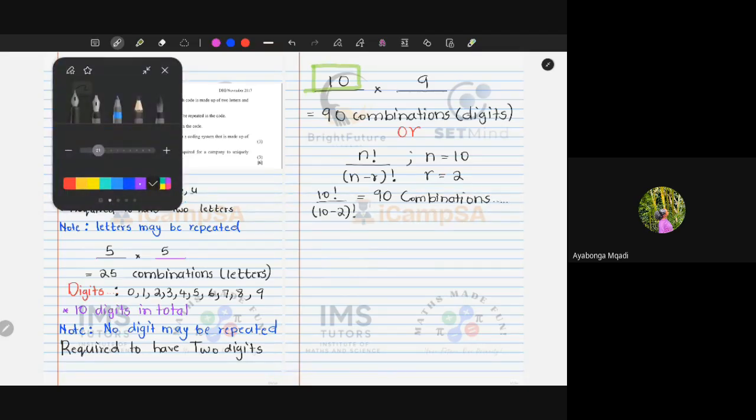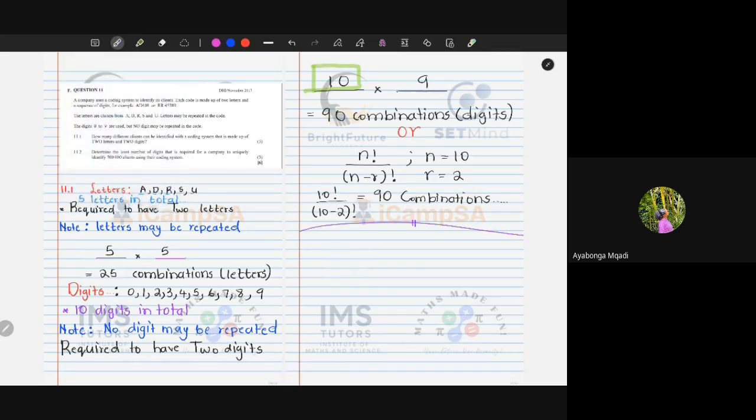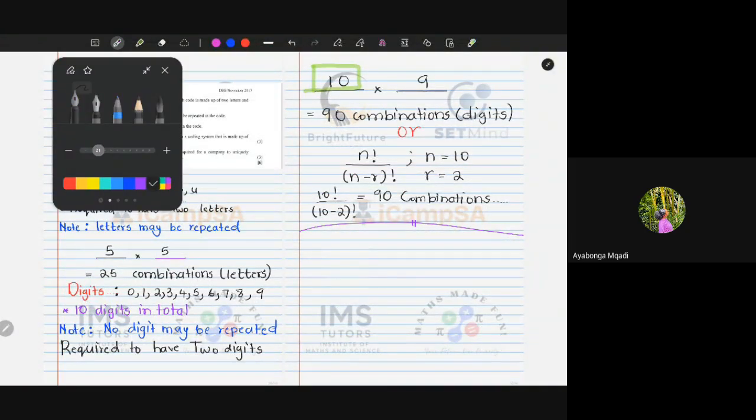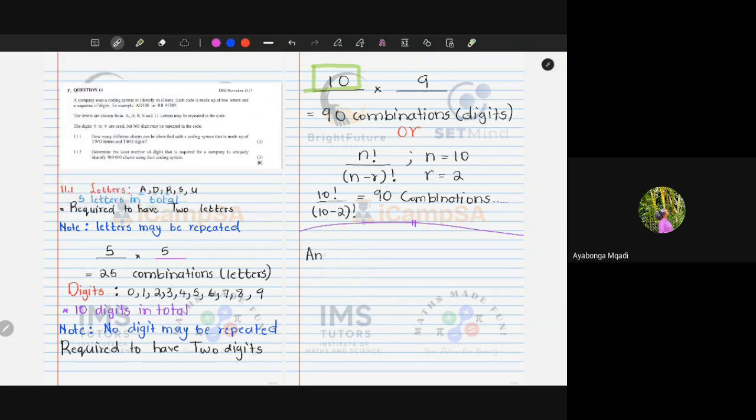So now that we know how the letters are combined and how the digits are combined, for us to get the total number, we just multiply them. So how many different clients can be identified? We just multiply the 2. So the answer will just be, for the letters, we got 25.